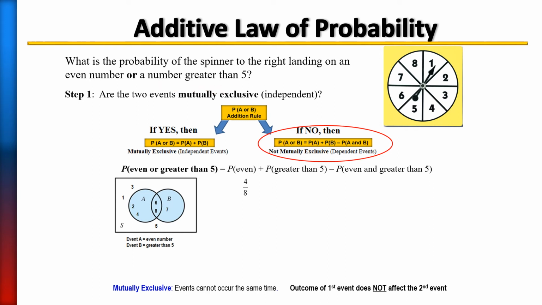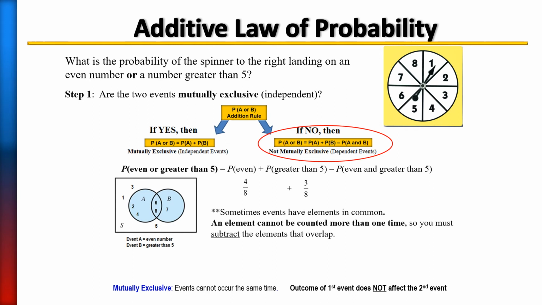So that would be 6, 7, and 8. So that's 3 out of the 8 numbers. And then what these 2 events had in common, that would be that intersection point. There was the 6 and the 8. So that's 2 numbers out of the 8. And when we calculate that, we will have the probability here.